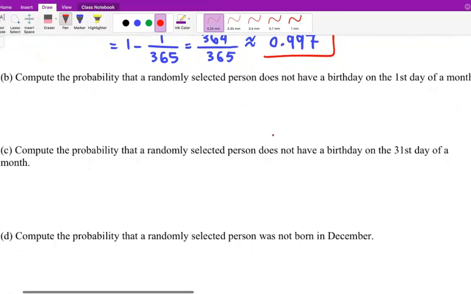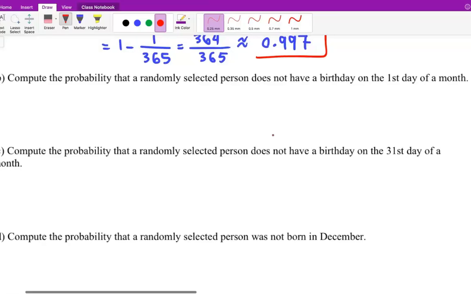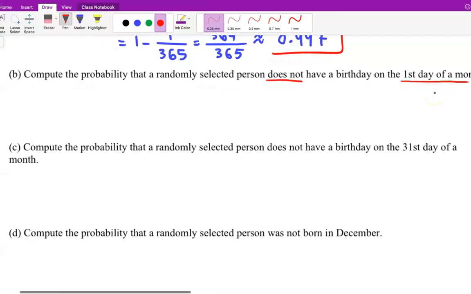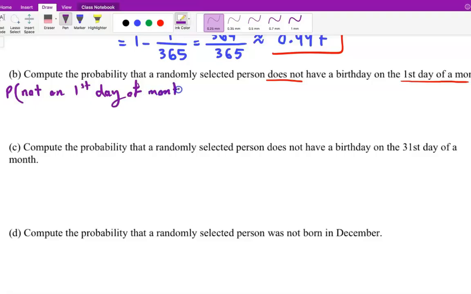Part B, compute the probability that the randomly selected person doesn't have a birthday on the first day of a month. Here again, does not. And it's on the first day of month. Probability of not on the first day. Again, we have does not, so subtract from 1.